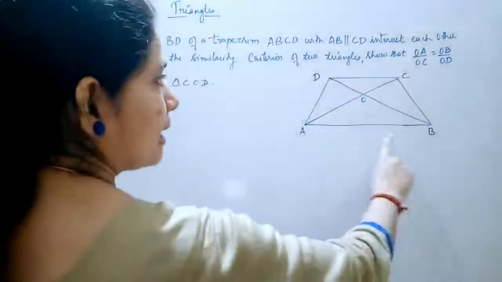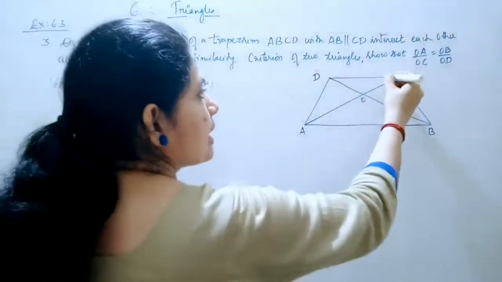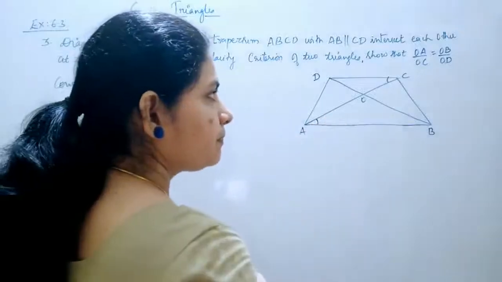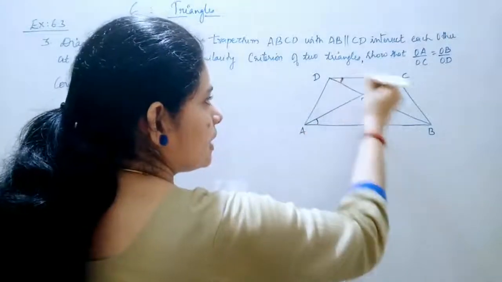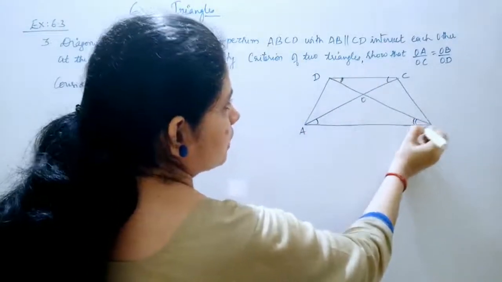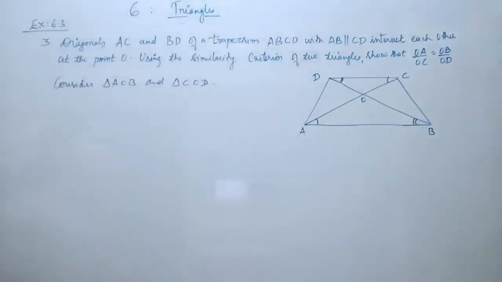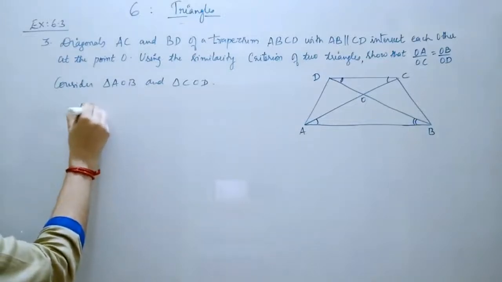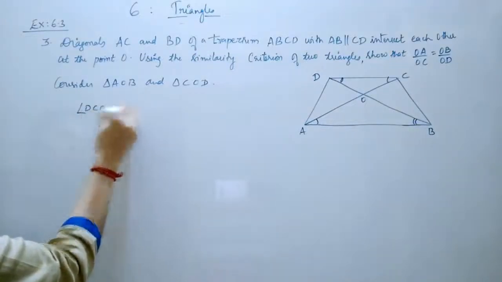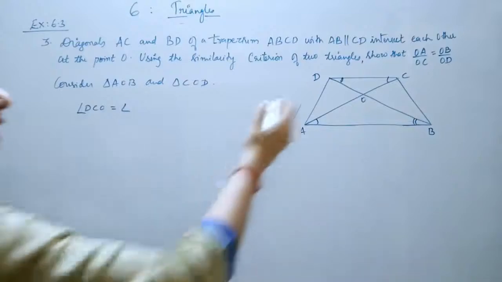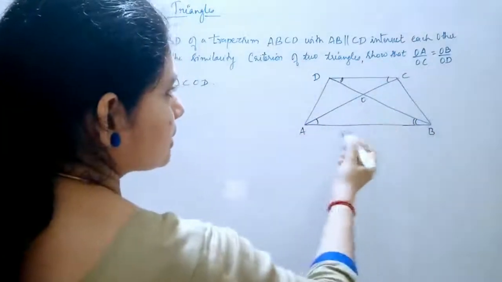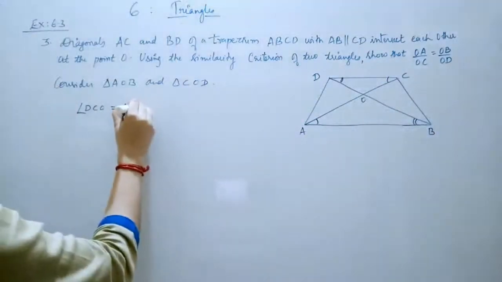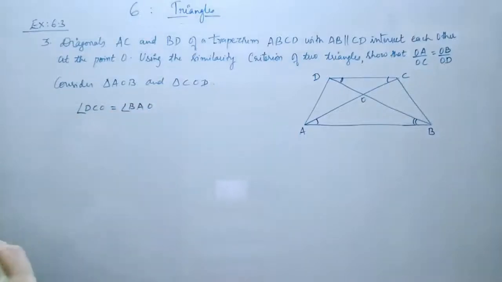Since these two are parallel lines, we can say that this angle will be equal to this angle and this one will be equal to this one. Why? You can use the alternate angle concept. Now for the triangles you have angle DCO is equal to angle BAO.